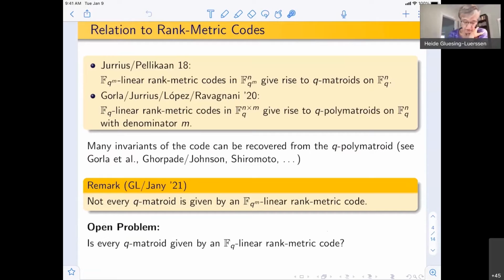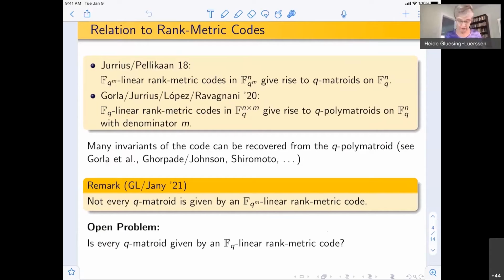As Relinde also pointed out, Fq to the m-linear rank metric codes of length n give rise to q-matroids on the ground space Fq to the n. Rather, Fq-linear rank metric codes, so matrix rank metric codes if you want, give rise to q-polymatroids on the same ground space, and m is a denominator.